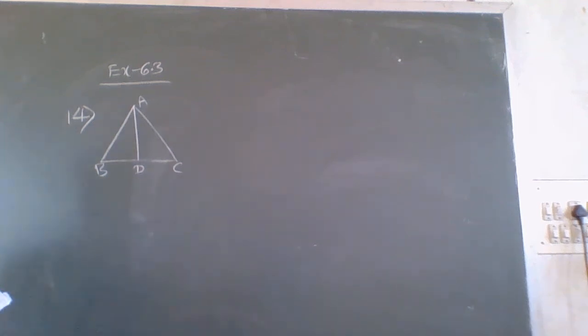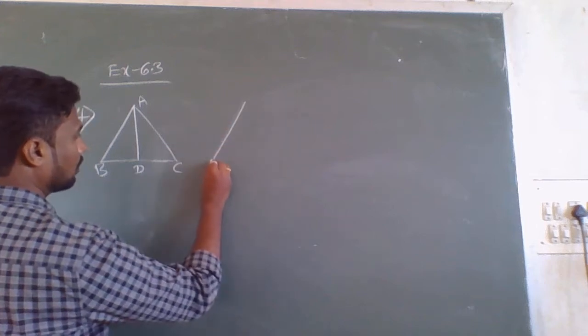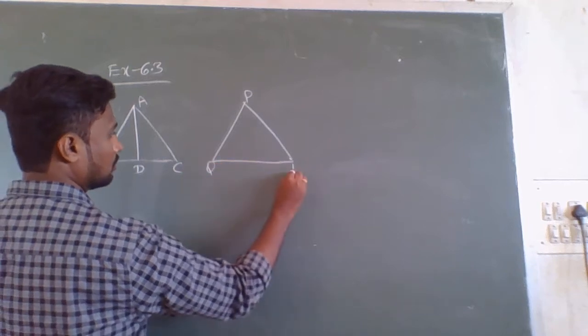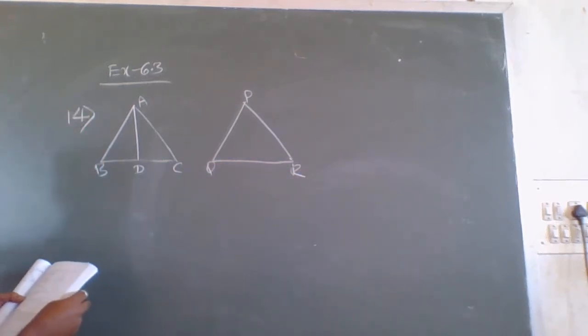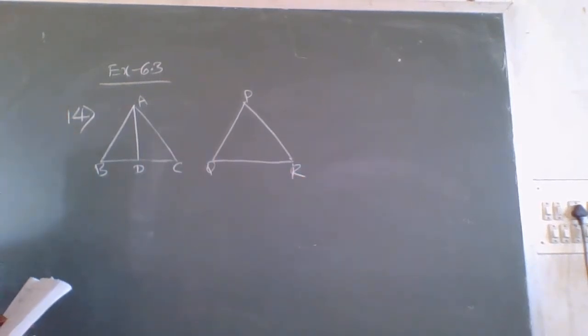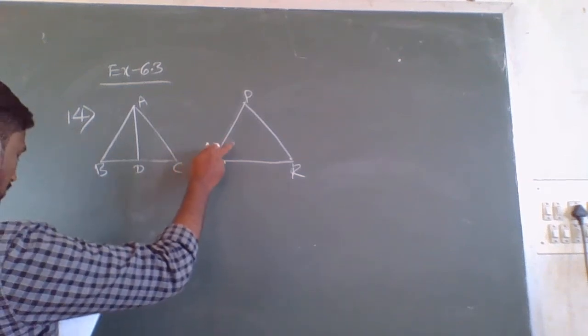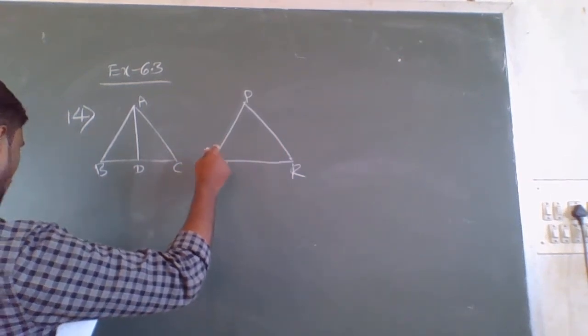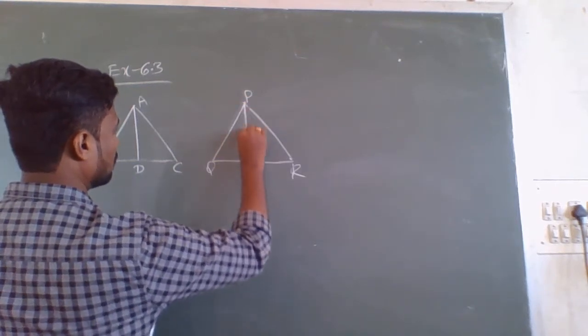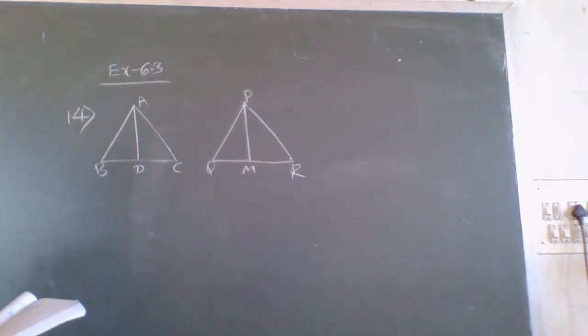of triangle ABC are respectively proportional to sides PQ and PR and median PM of another triangle PQR.